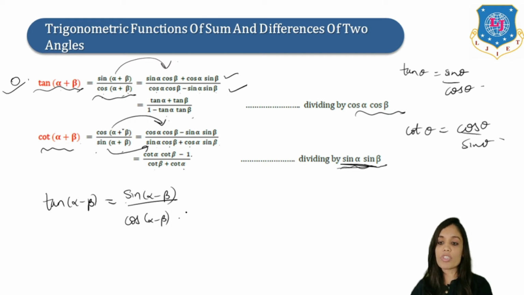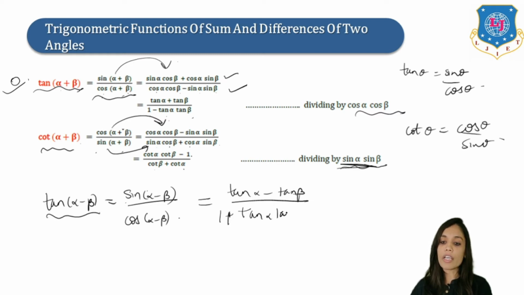Using a similar procedure, you have to put the formulas of sin(alpha minus beta) and cos(alpha minus beta), and do it on your own and prove that the formula of tan(alpha minus beta) is tan alpha minus tan beta upon 1 plus tan alpha tan beta. Fine. So this is the formula of tan(alpha minus beta). Now, the next formula that you have to do by yourself is the formula of cot(alpha minus beta).